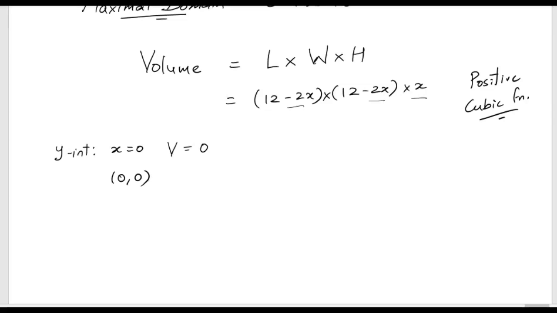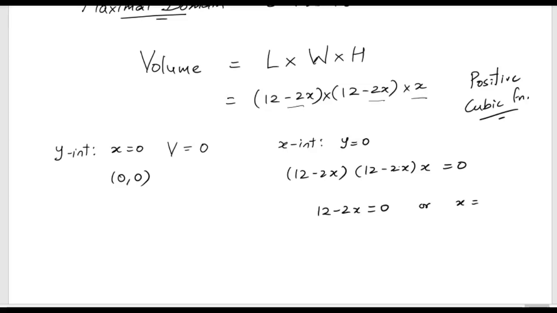Now, for finding the x-intercepts, we make y equals 0, which means I have 12 minus 2x, 12 minus 2x, times x is equal to 0. Applying the null factor law, 12 minus 2x is equal to 0, or x is equal to 0.